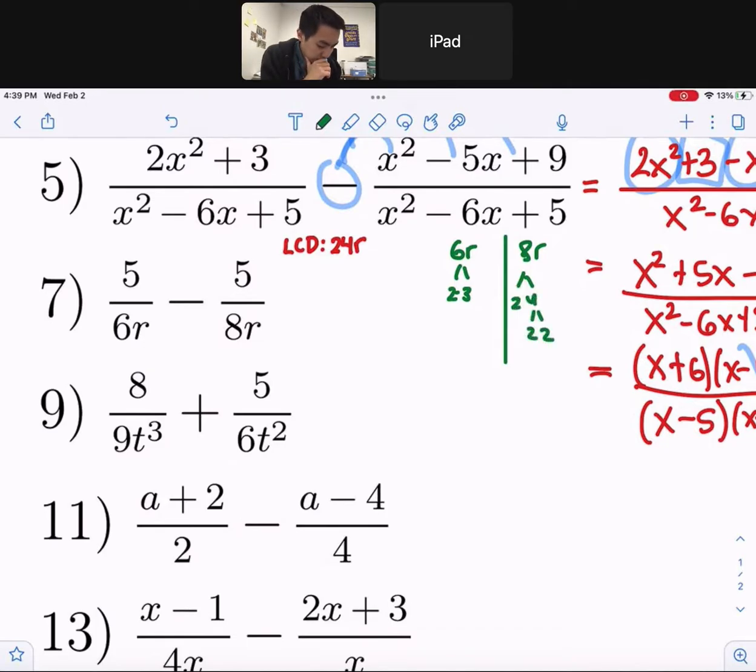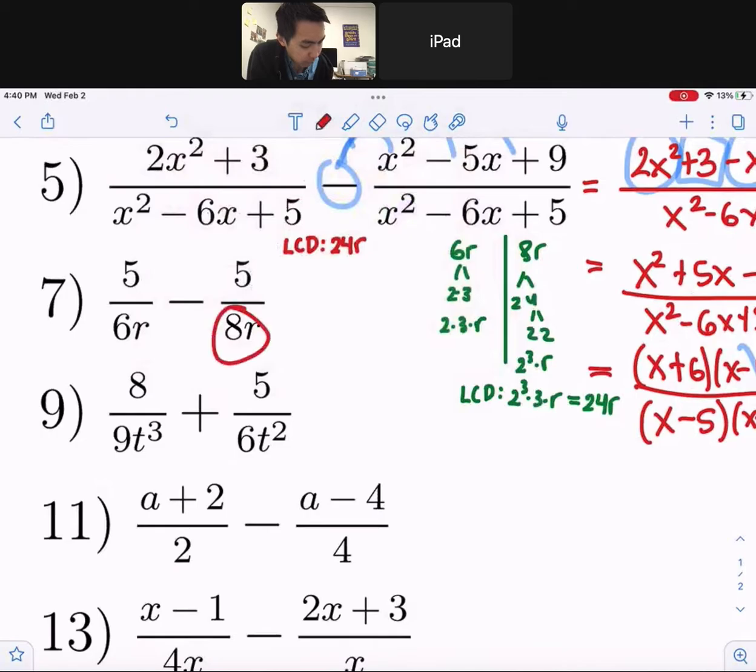So 6r, you guys, is really 2 times 3 times r, and the 8r is really 2 to the third times r. So the LCD would be, well, they both share factors of 2, but take the higher one, 2 to the third. There's a factor of a 3, and there's a factor of an r. That multiplied together gives you guys 24r. So that's another way you guys can break it down to find your guys' LCD.